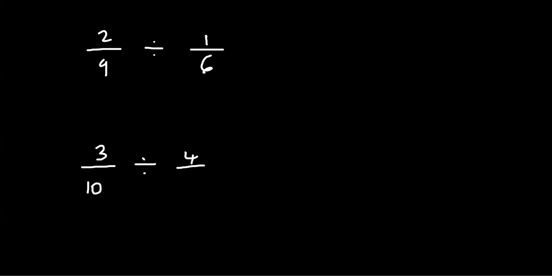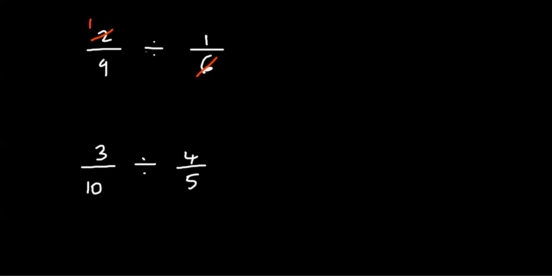Let's do a couple more examples. So 2 over 9 divided by 1 over 6, and 3/10 divided by 4/5. So for the first one, I can see a common factor of 2 for these numbers.